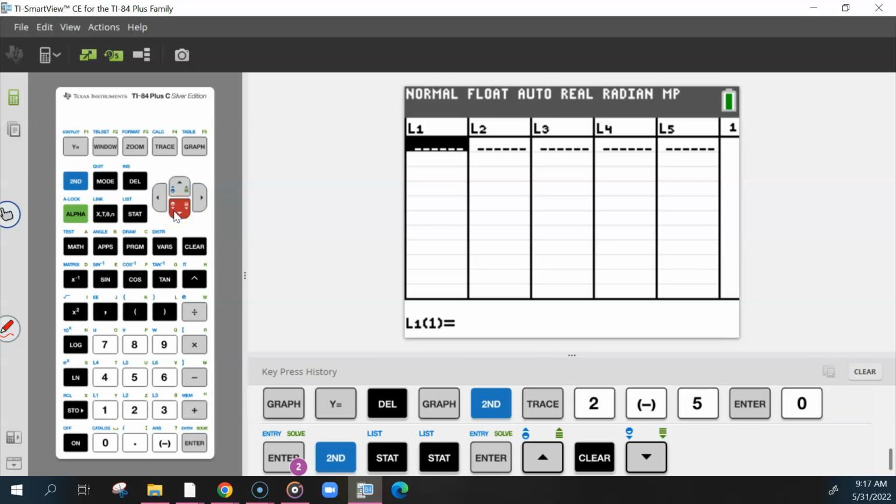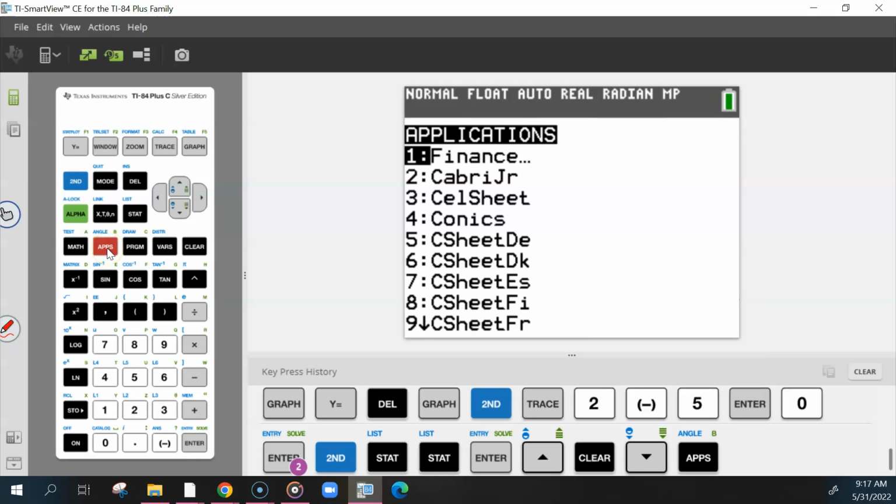So how do you get out of this? If you're still in the poly whatever, if you go to something else, the main screen should pop up and you should be able to hit quit. I hit second and click. I'm not 100% sure what it actually is.